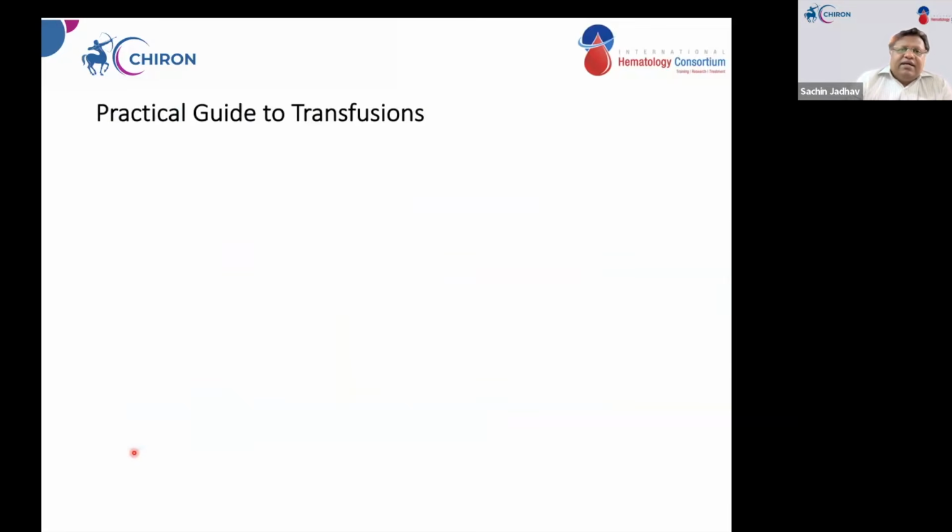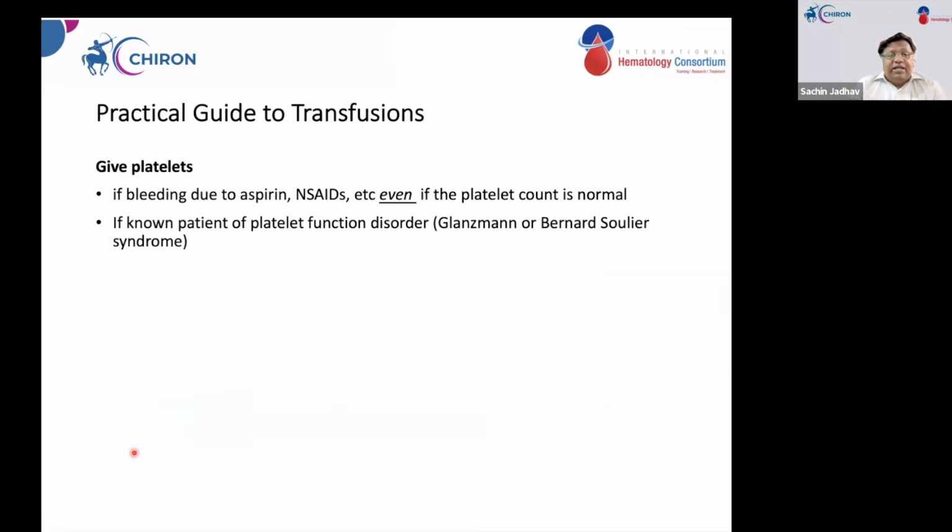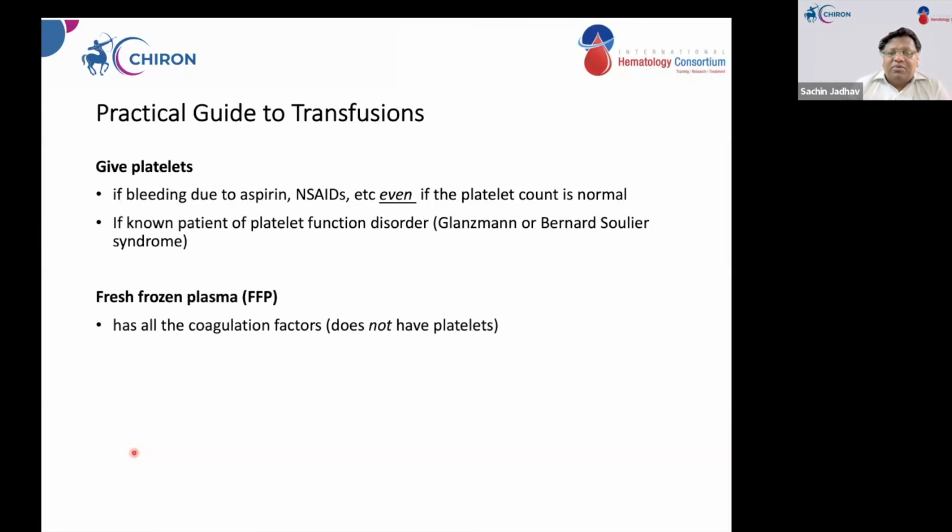A small practical guide to transfusions: give platelets if there's bleeding, even if the counts are normal, but the patient has received aspirin and there's post-operative bleeding or post-traumatic bleeding, give platelet transfusions, right? Or in those who have a platelet function problem. FFP has all the coagulation factors, right?